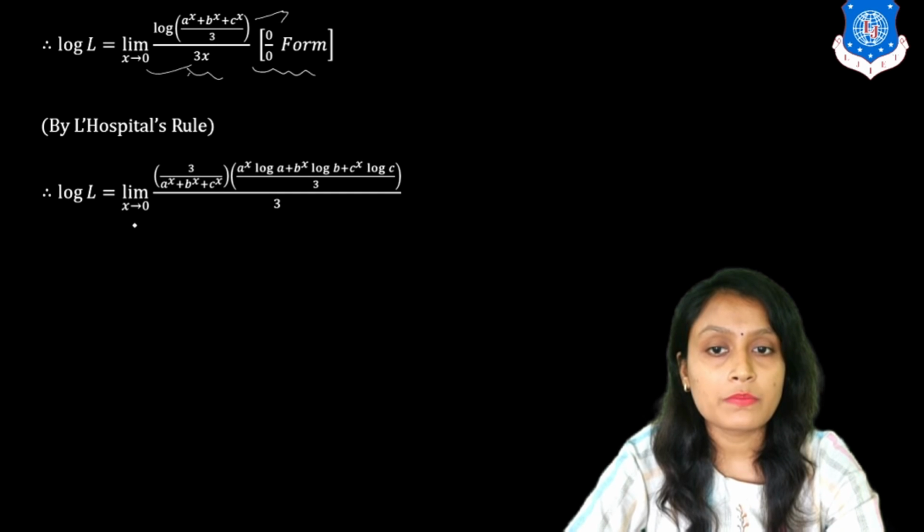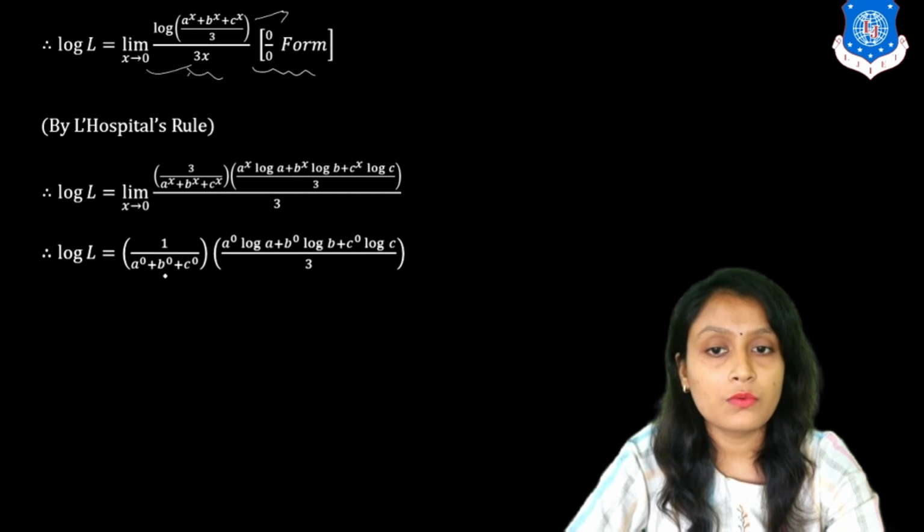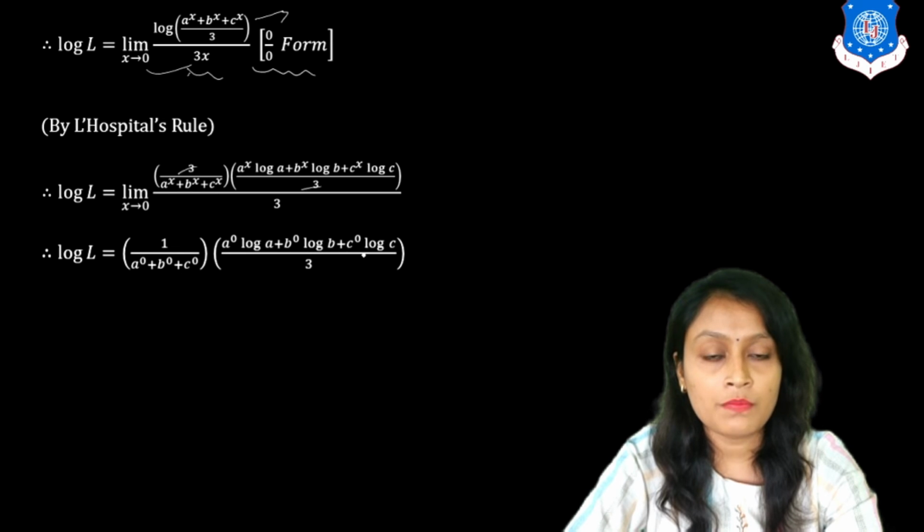Now substitute x equals 0. So you will get log L equals, here this 3 will get cancelled, and you will get 1 upon (a raised to 0 plus b raised to 0 plus c raised to 0) into (a raised to 0 log a plus b raised to 0 log b plus c raised to 0 log c) upon 3.